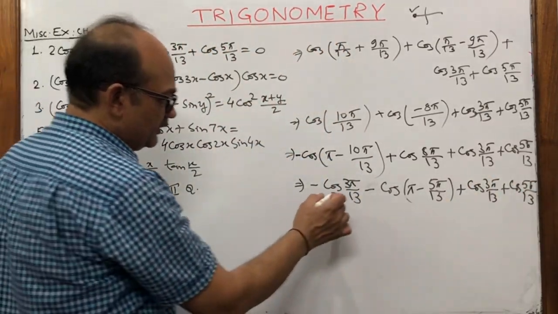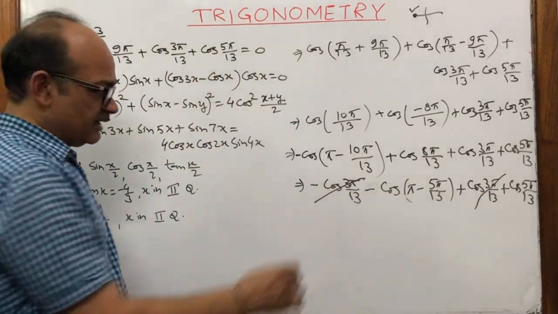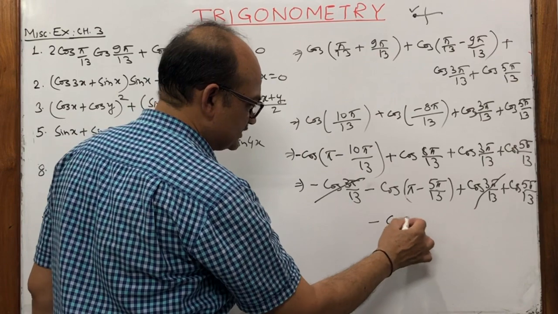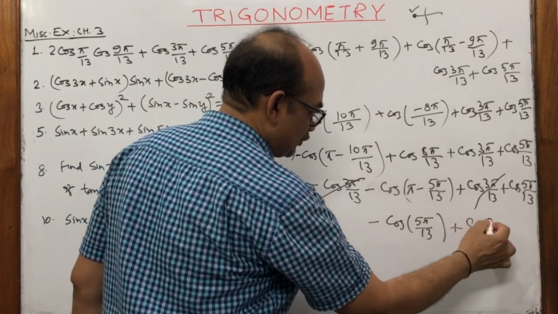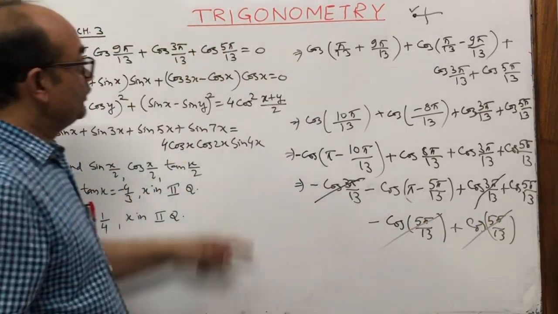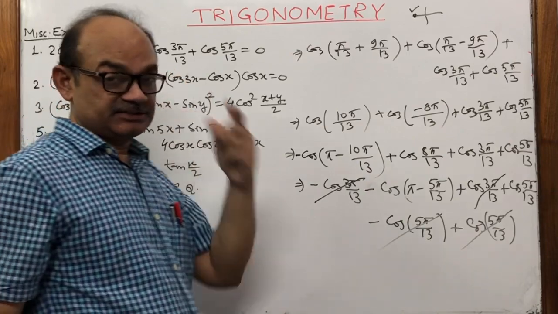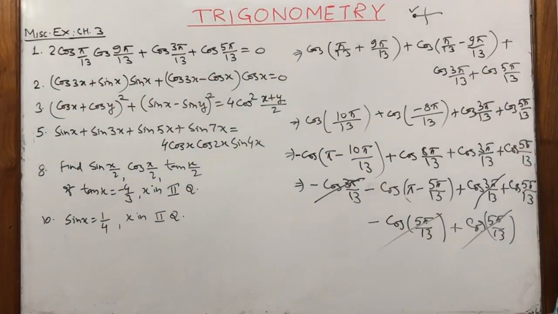Now tell me, cos minus and cos plus cancel out. This is nothing but minus cos 5 pi by 13. This is nothing but cos 5 pi by 13. Cancel out. What are we getting? Answer 0. Simple one formula application and you are getting the final answer. Easy.